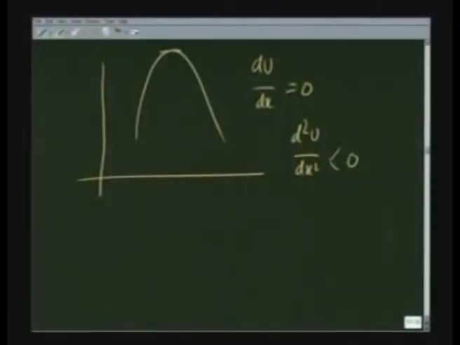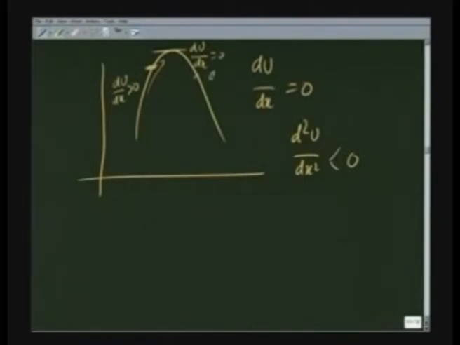So you notice, since du/dx is 0 here, and as x goes up, since d²u/dx² is less than 0, du/dx on this side must be greater than 0, as is also evident from the graph.